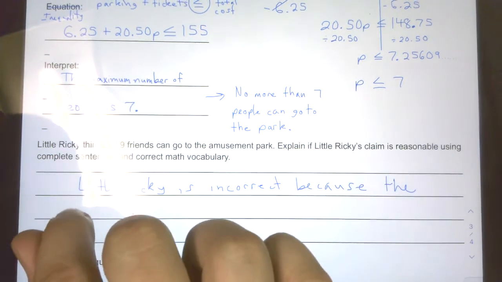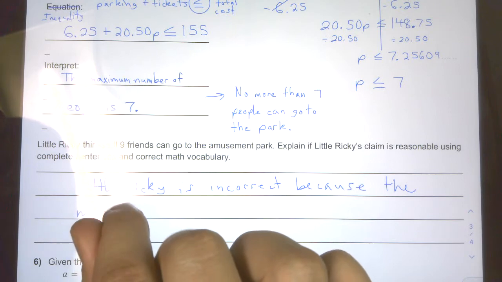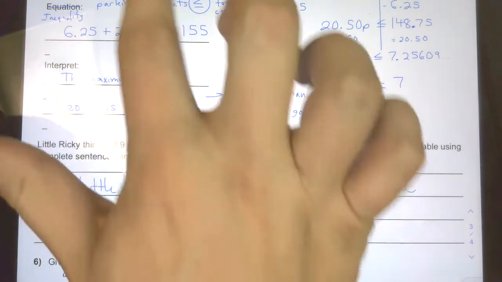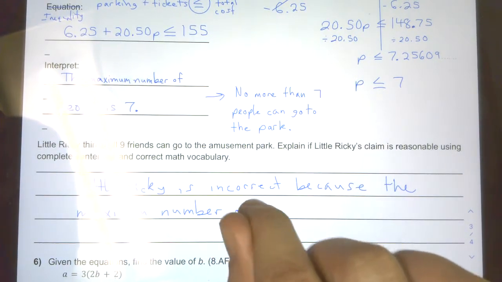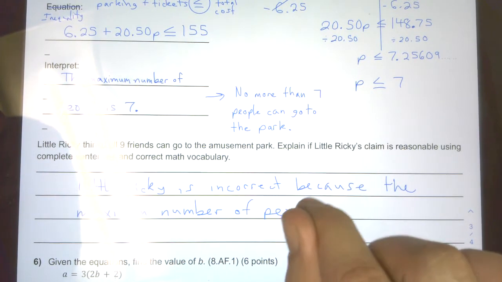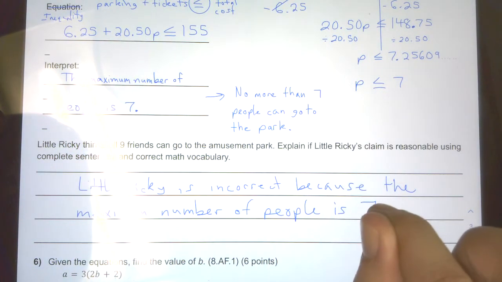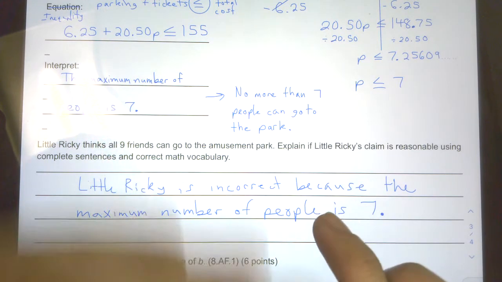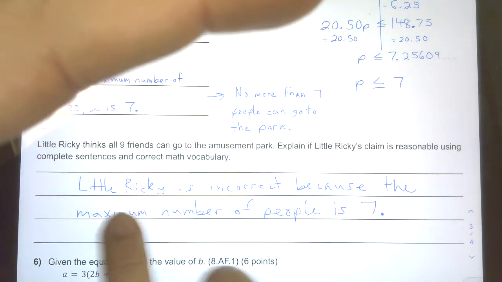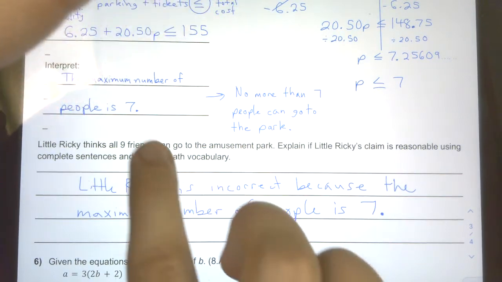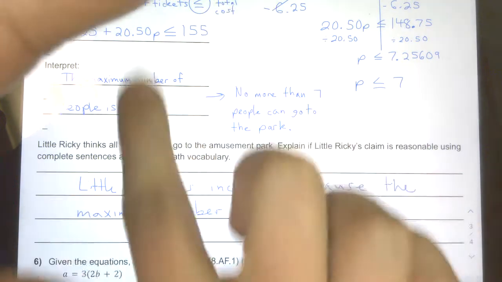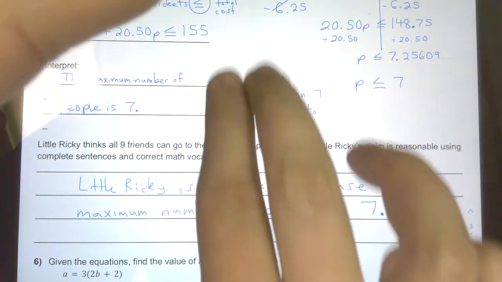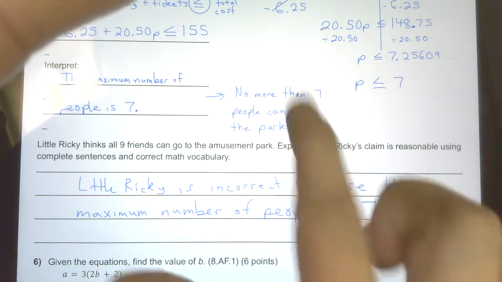The maximum number of people is 7. Okay, so something along those lines. I know it's really sloppy, but that's okay. We disproved him up here with all of our work and our interpretation. So it should fall right in line with the work that we have here.